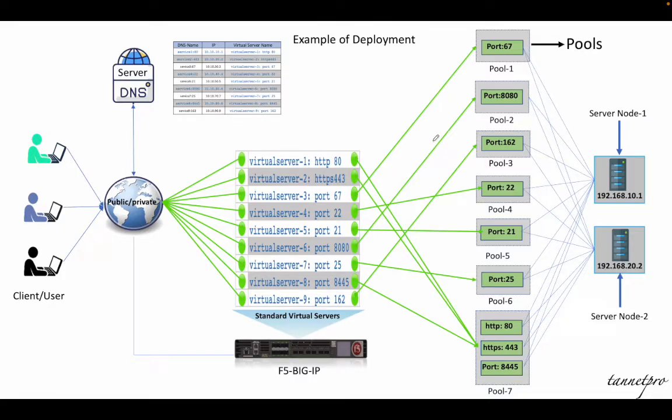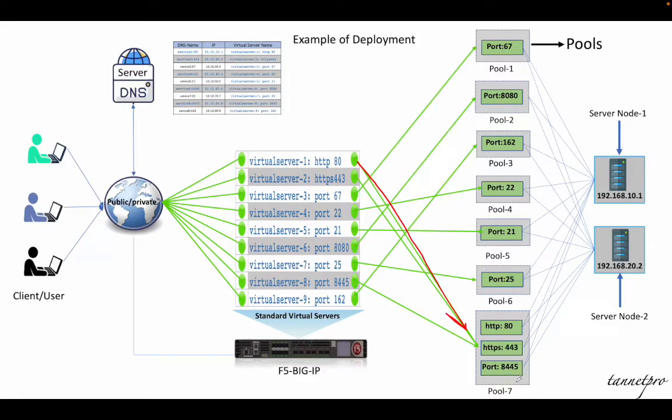Now, you might have had a question earlier also: can we have multiple services in a single pool? Yes, you can configure that. Here I have given one example. Your virtual server 1 is 80 and virtual server 2 is 443, and both call pool 7.